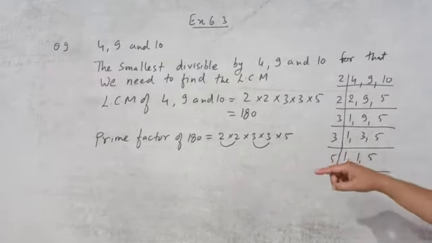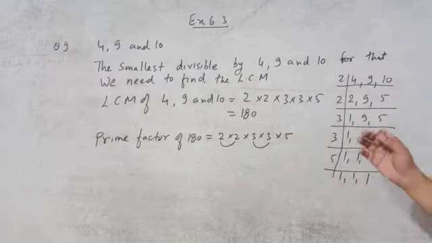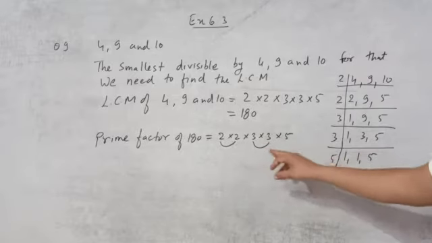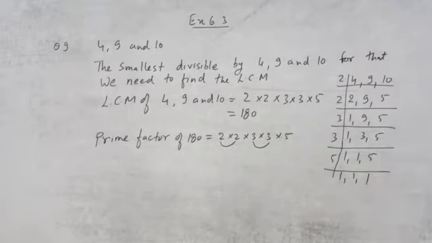But we need a square number, and for a square number the condition is that the factors must make pairs. Here 5 is not making a pair, so what do we have to do? We have to multiply by 5 so that it can make a pair.